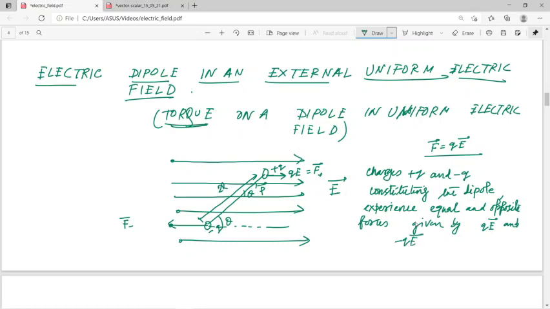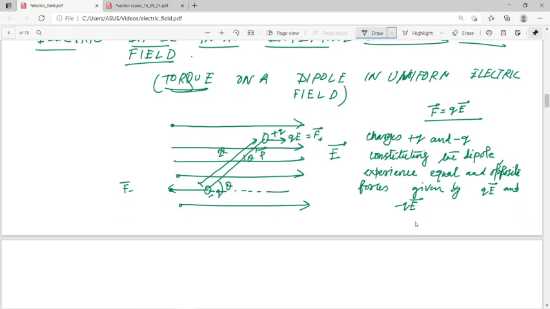So what should be the net force on the electric dipole?